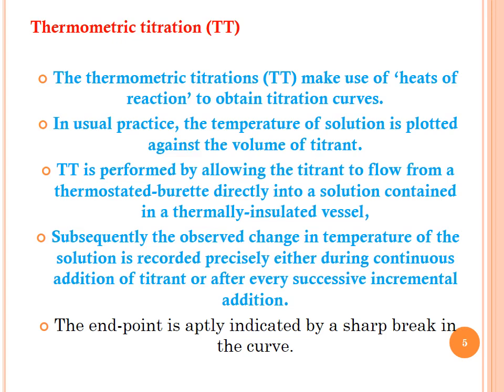Subsequently, the observed change in temperature of the solution is recorded precisely, either during continuous addition of titrant or after every successive incremental addition. The endpoint is aptly indicated by a sharp break in the curve.